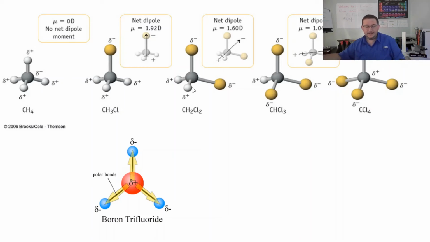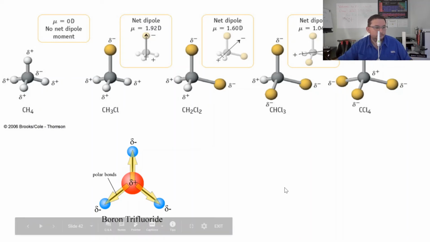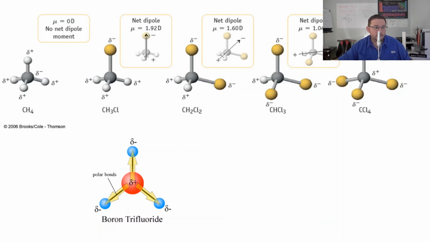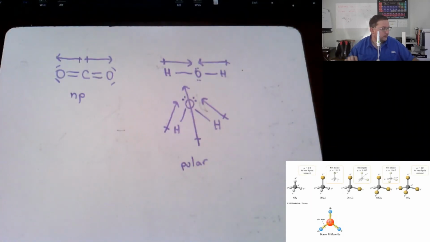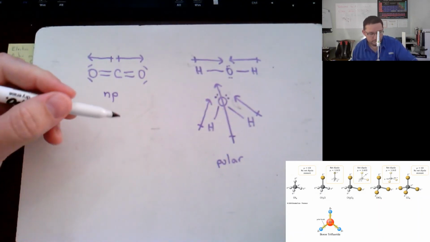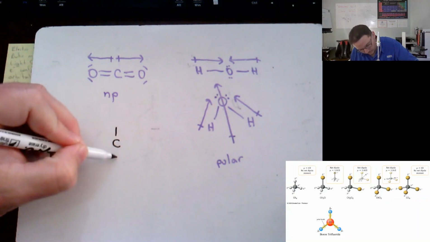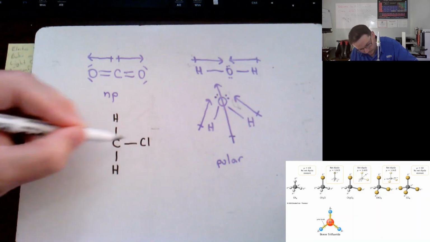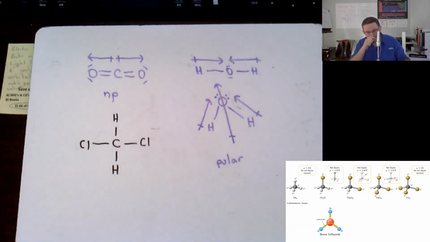So here's the interesting thing about this. If we were to draw the Lewis structure for this, we would actually see something that looks like this, but we have to think 3D.